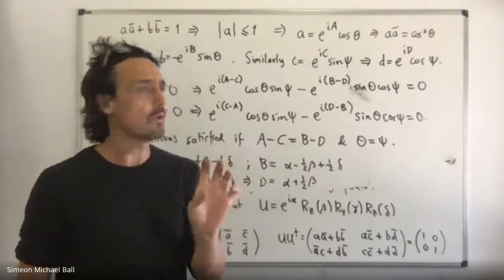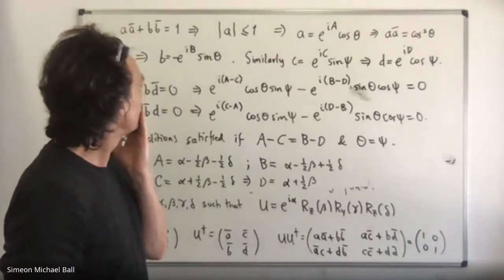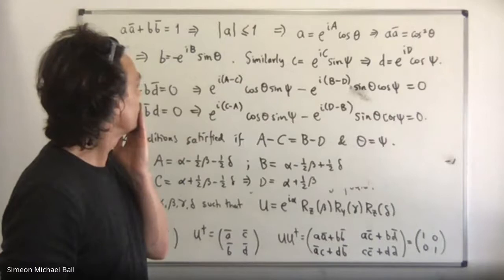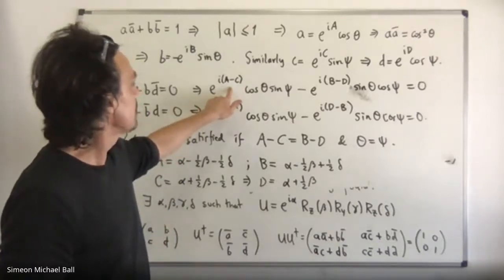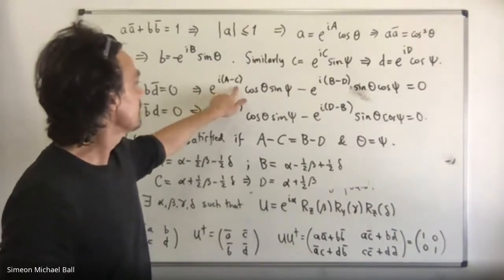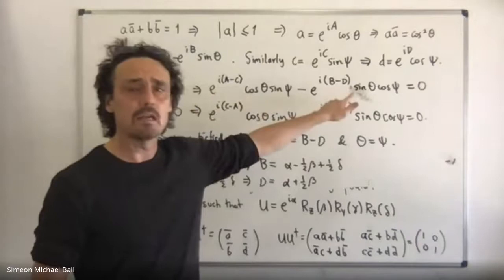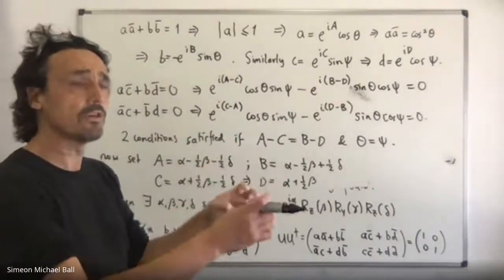I think I've got to get them both being 0. If I wrote this out as a complex number, cosine of this plus i sine of this, and likewise here, I'll get a real part and an imaginary part, and both of those have got to be 0.